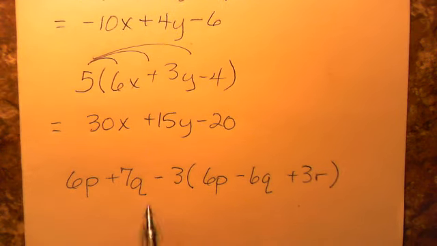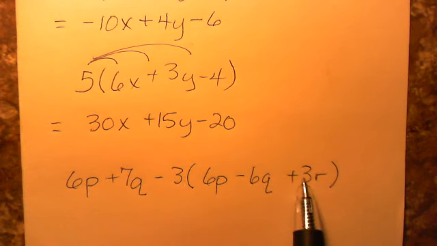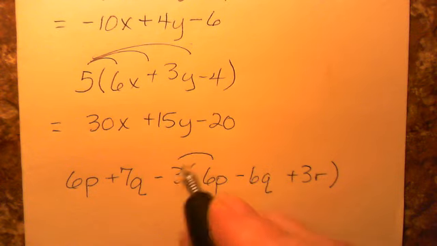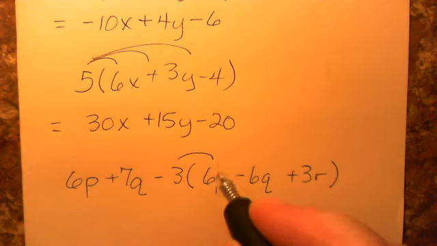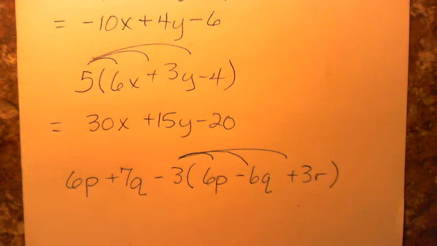Okay, so we have addition, subtraction, multiplication, and inside the parentheses, addition and subtraction of unlike terms. So we know that we have to distribute to remove the parentheses. So we're going to treat the 3 like a -3 to multiply, so we can take care of signs as we multiply.